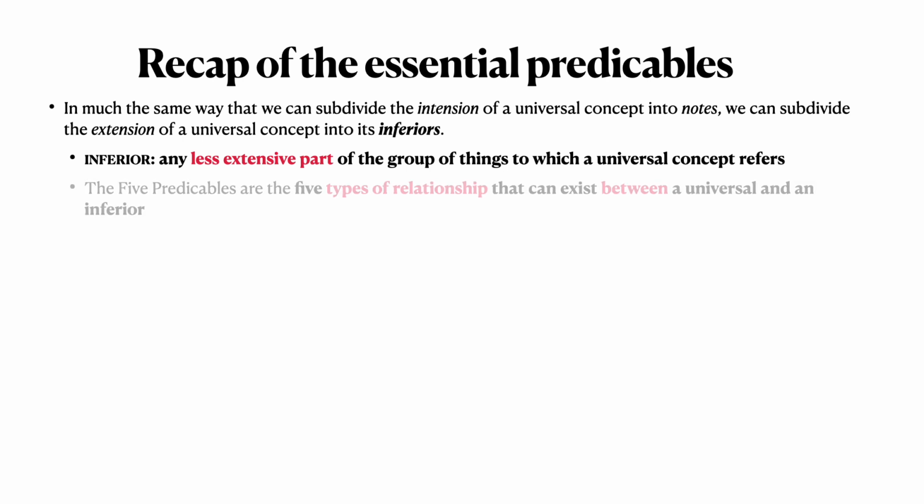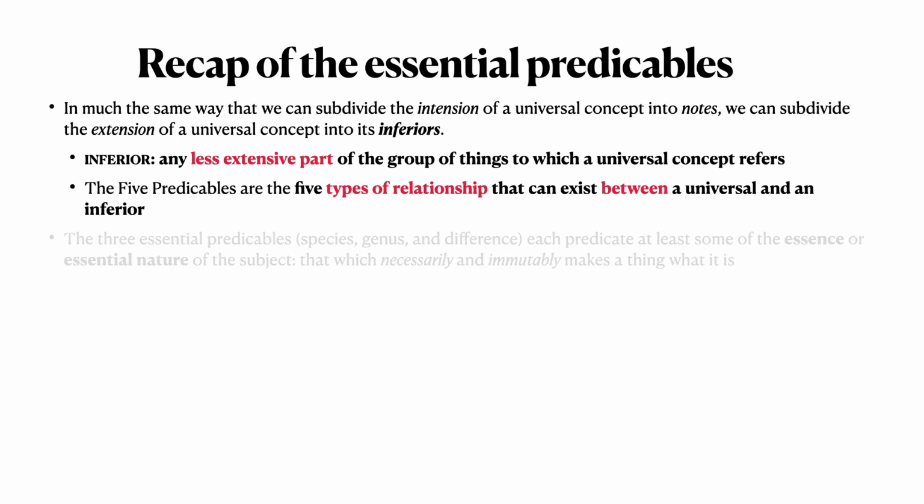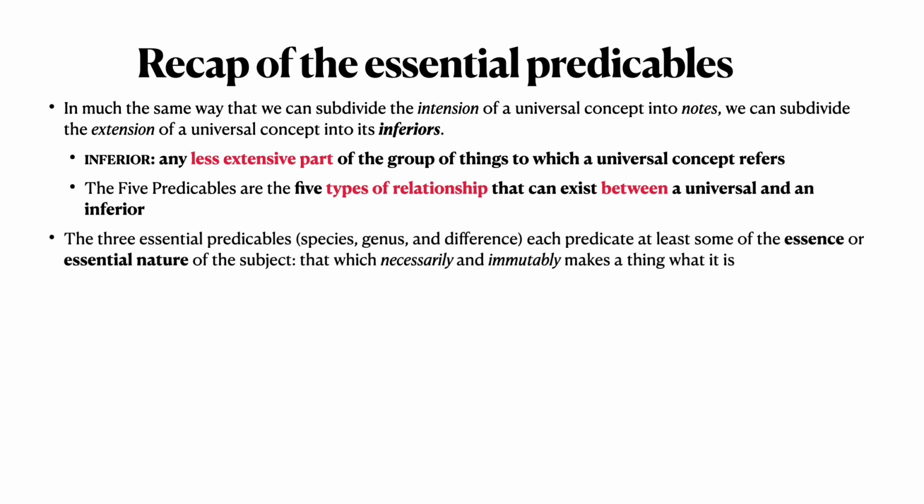So the 5 predicables then are simply the 5 different types of relationship that can exist between that universal and that inferior. We've talked about the 3 essential predicables, species, genus, and difference, and they're called essential because they each predicate at least some of the essence or the essential nature of the subject, that which necessarily and immutably makes a thing what it is.